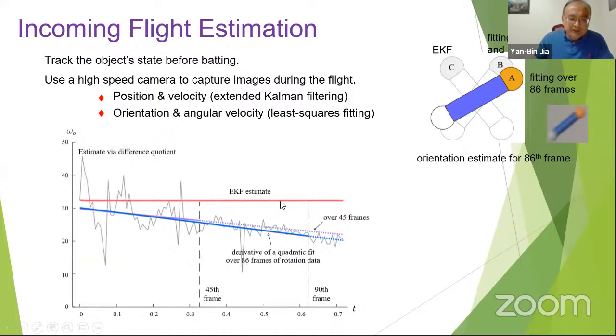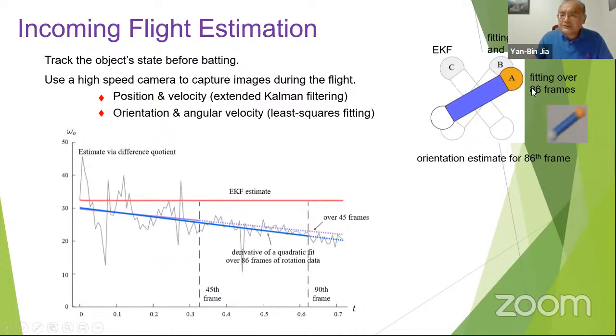So here's just a simple illustration. This red horizontal line is the estimate if you just use EKF on the angular velocity, and so it really doesn't change. And if we use least squares fitting, we actually get pretty close to the real trajectories as the object keeps flying further.